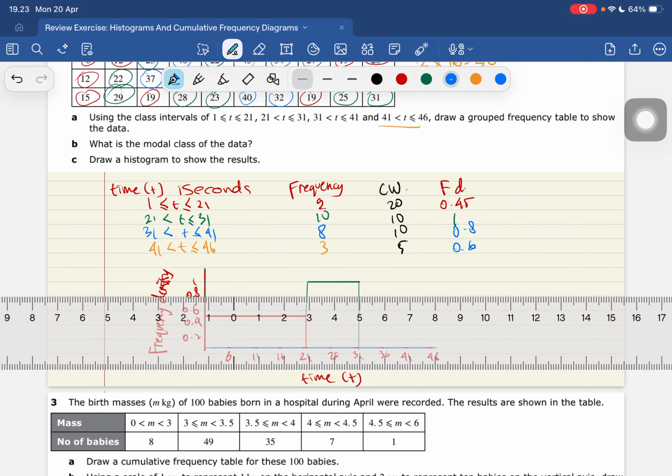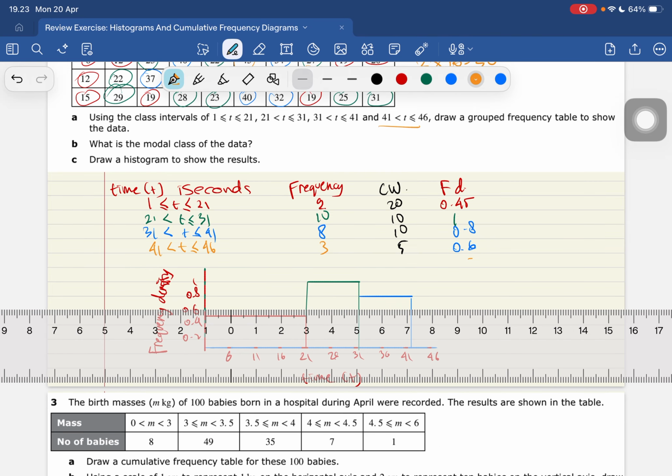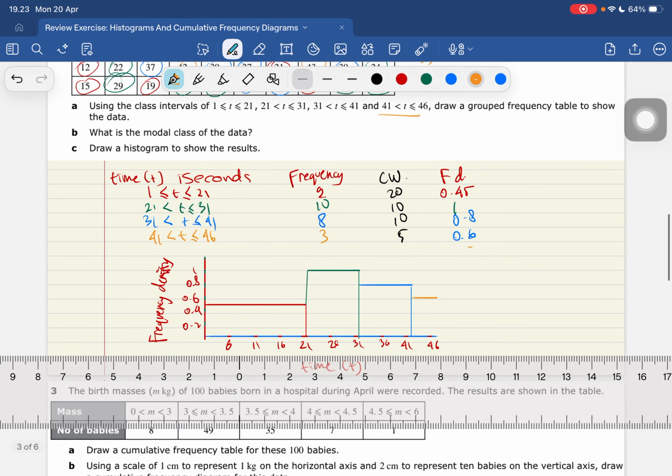And the last, 41 to 46, is 0.6. Okay, we got part A.